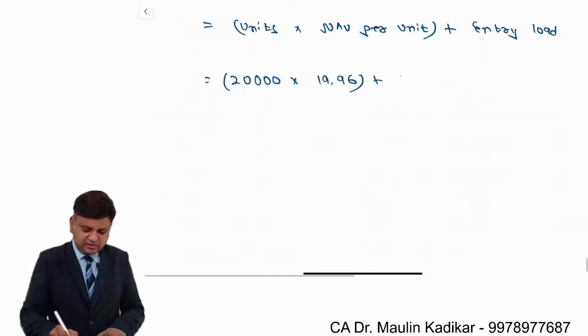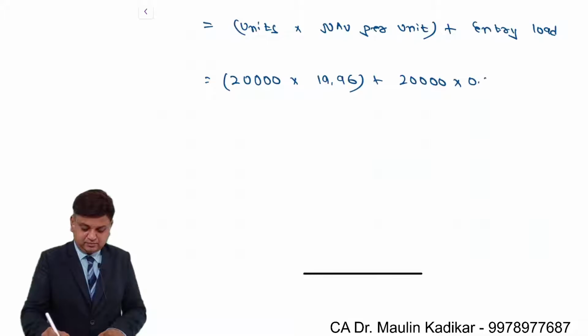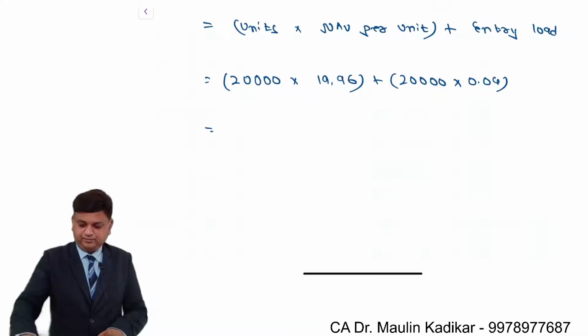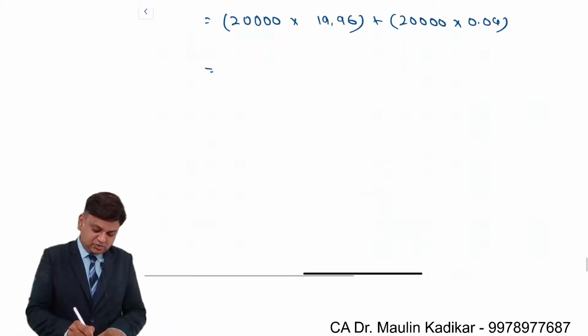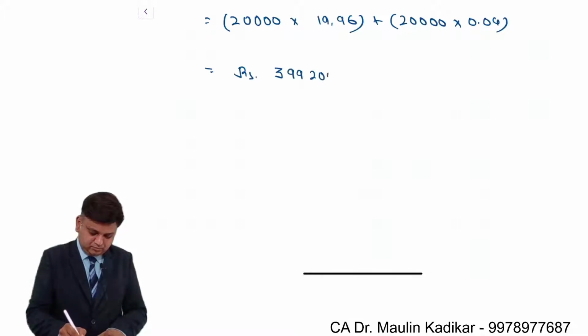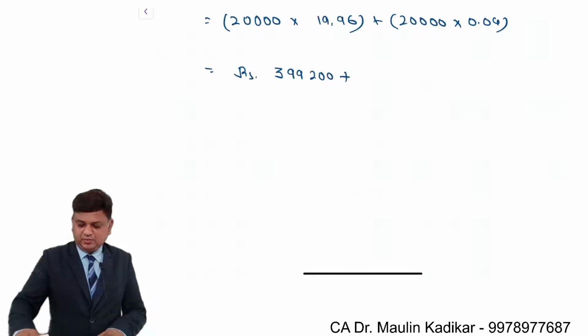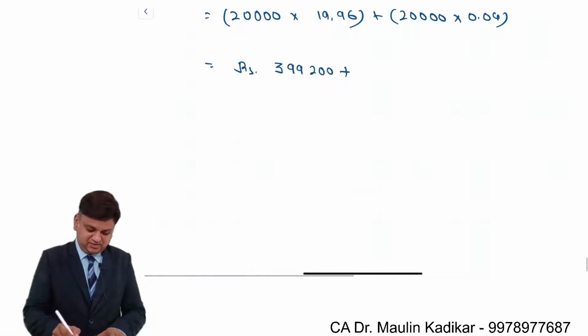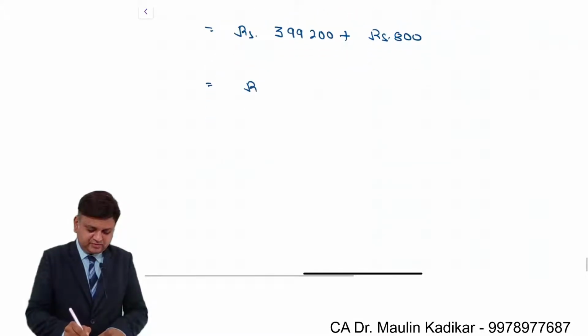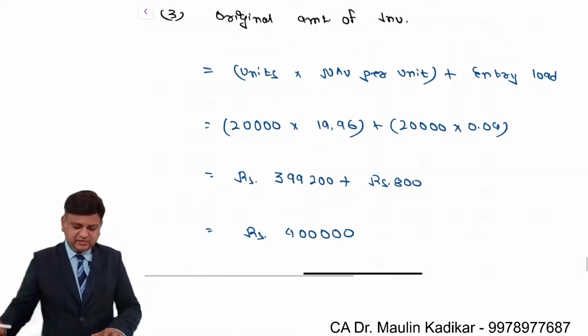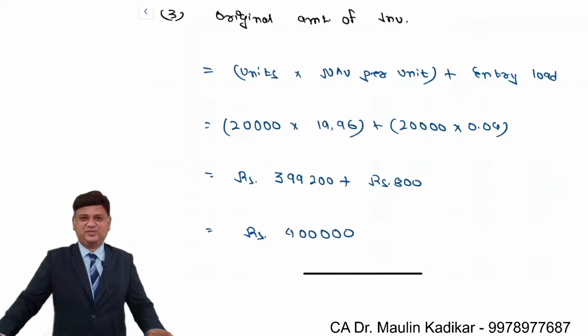Plus entry load is 20,000 into 0.04. So 20,000 into 19.96 comes to 3,99,200. Plus 20,000 into 0.04 comes to 800. So the total amount of the investment would be 4 lakhs. This is the way we can compute the original amount of investment.